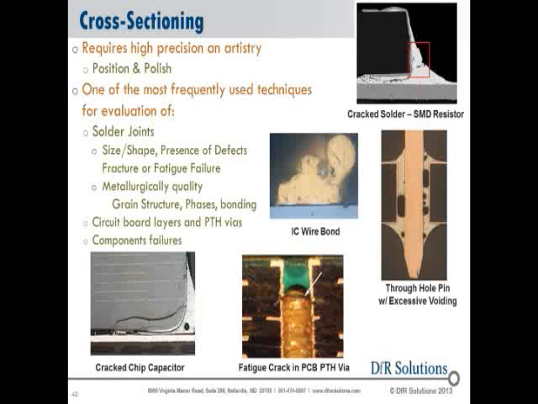So it's very, very important to get the cut there where you need it, and then polish it in a way that you get the gloss and shine and good, clear, smooth images that you need to see without polishing so much that you grind or polish right through the device you're trying to look at. So there is quite a bit of skill and what I like to call artistry for the folks in our lab who do this. They do some excellent work for us.